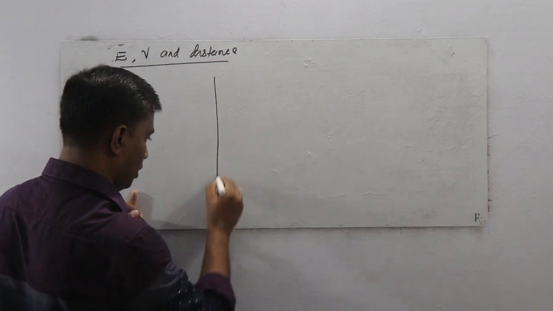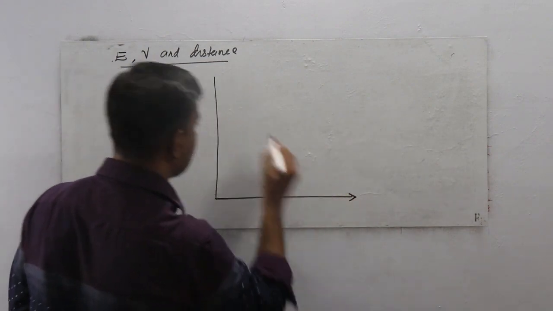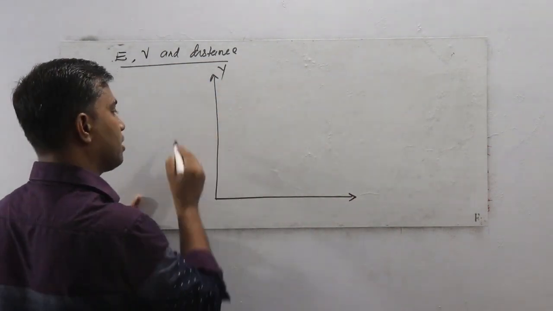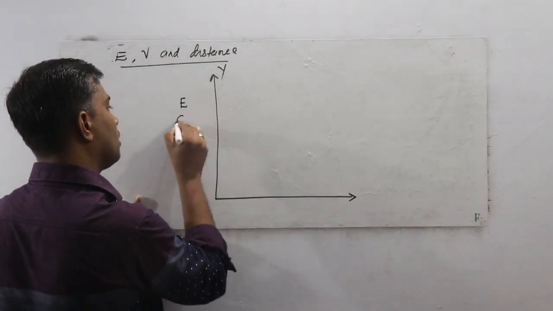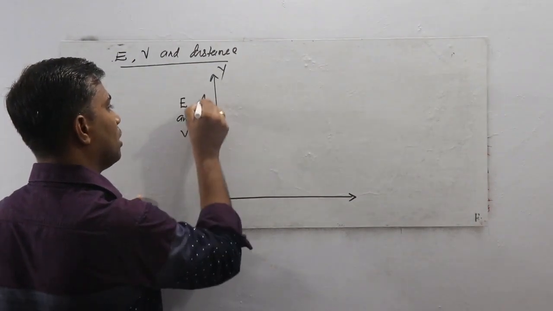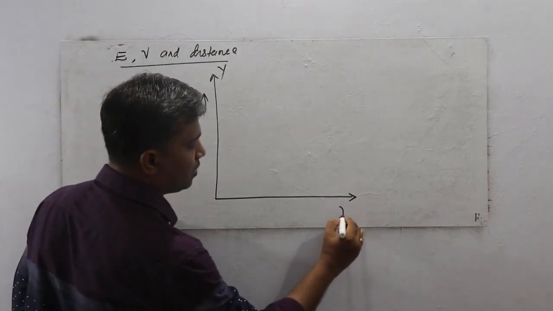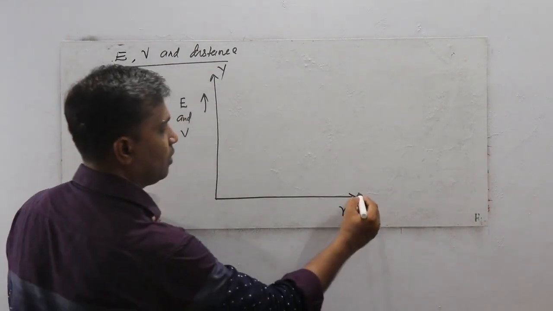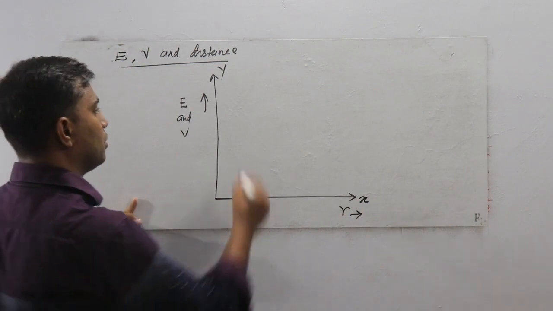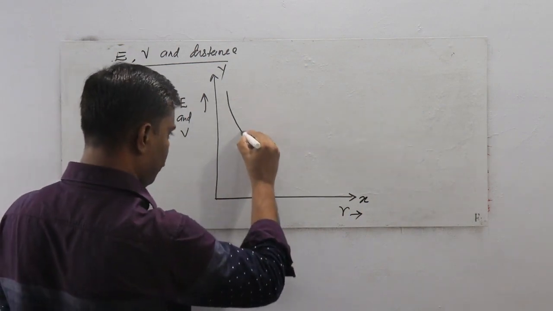This is the x-axis and this is the y-axis. Along the y-axis we are taking E and V, both along the y-axis, and distance is taken along the x-axis.